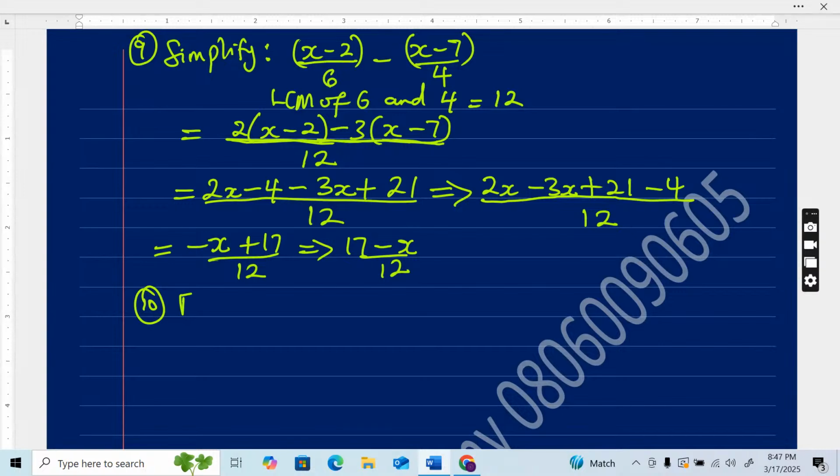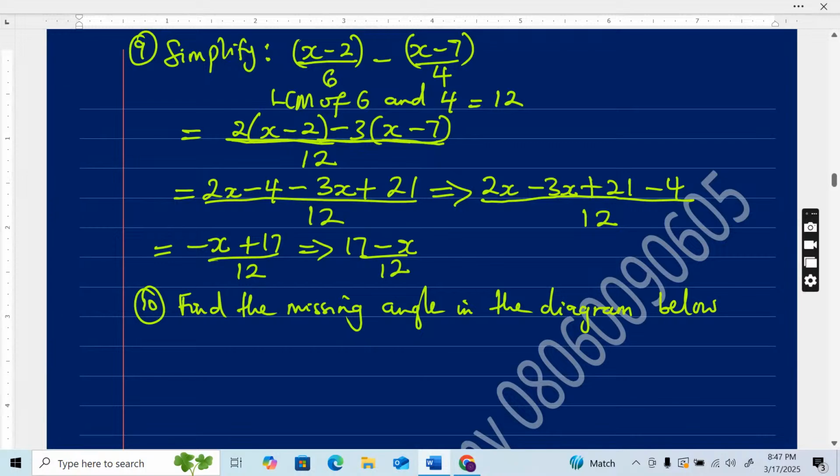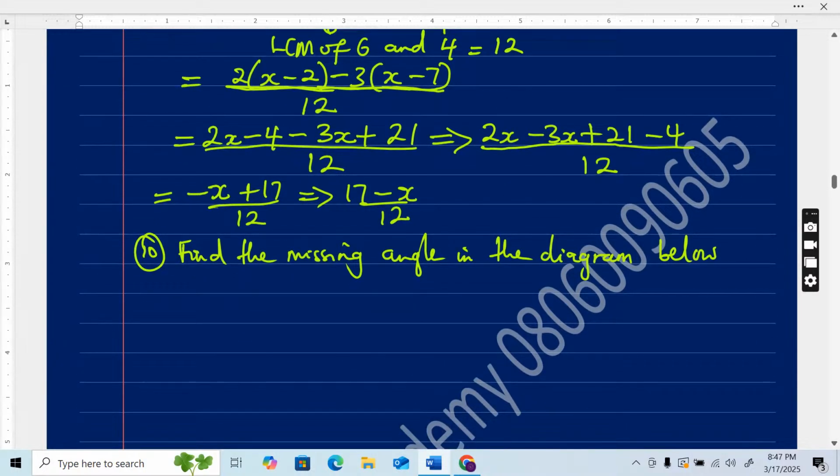Let's find the missing angle. Find the missing angle in the diagram below.